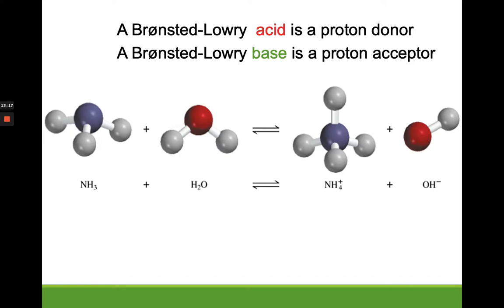So just in the case with ammonia, once it reacts with water, the reaction is reversible, meaning after ammonia reacted with water to form the ammonium ion and the OH ion, these products here can act as the reactants and they can go back to being H2O and NH3. Now this concept is what we call reversibility, or reversible reactions.